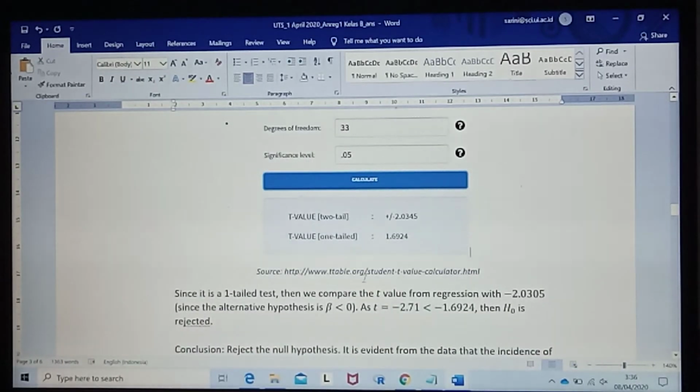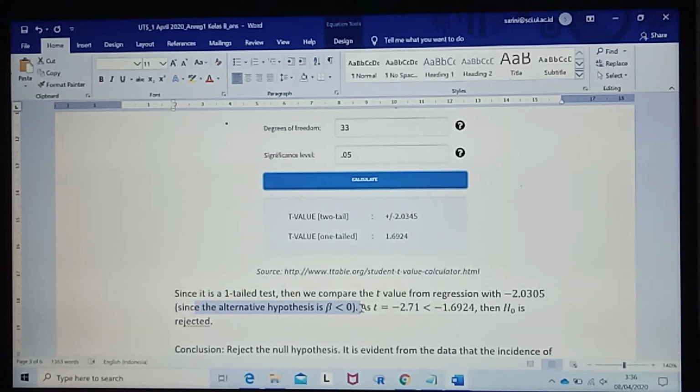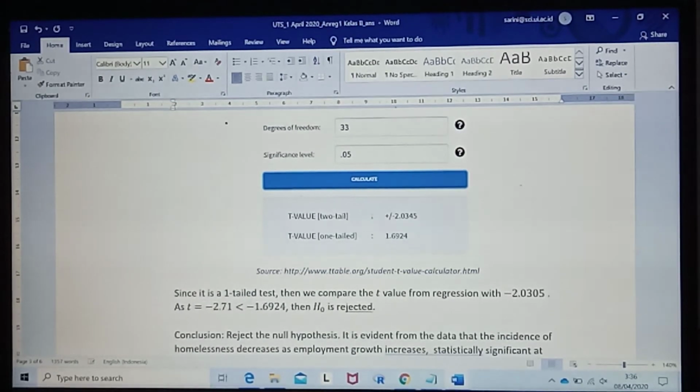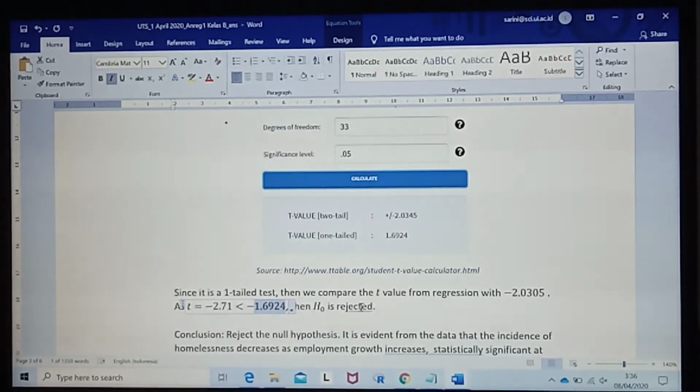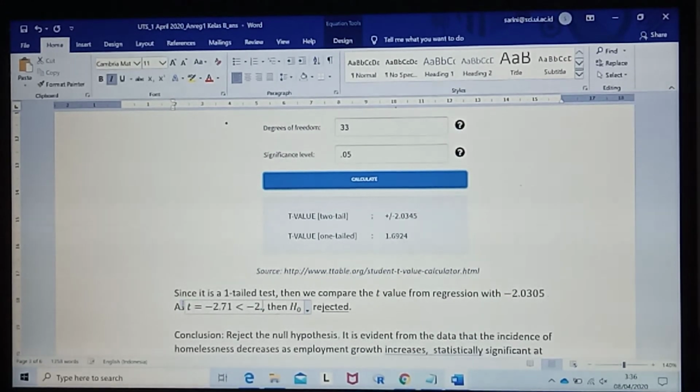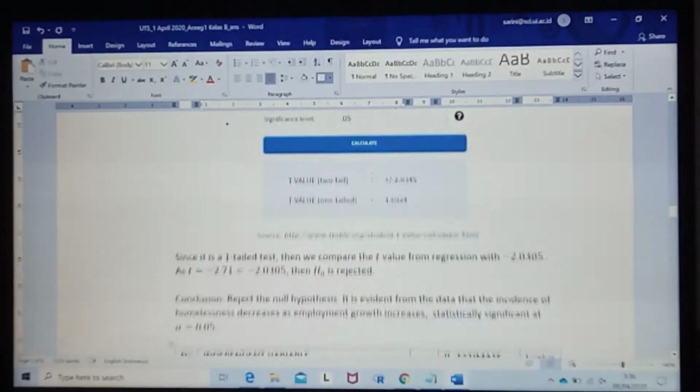Okay, so then just delete this one. And then since t is minus 2.71, which is less than minus 2.0305, then we reject the null hypothesis.